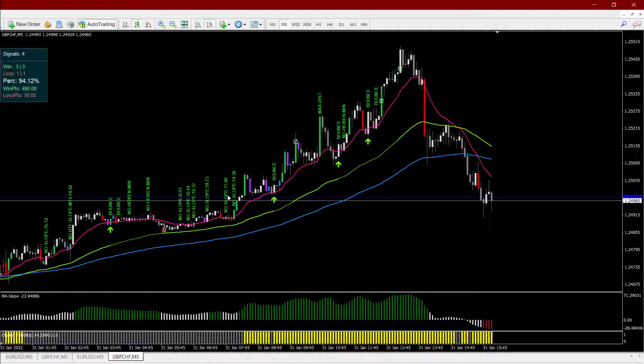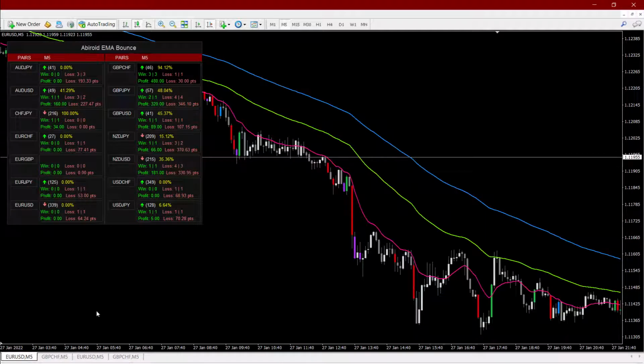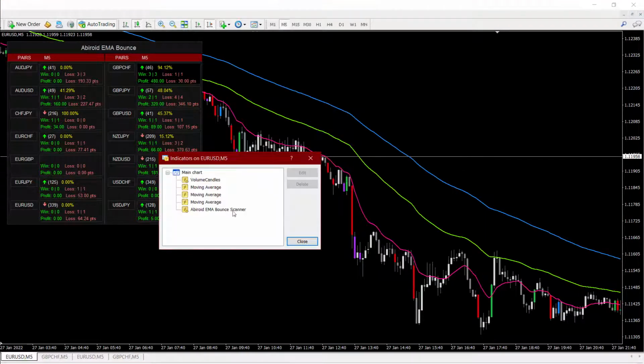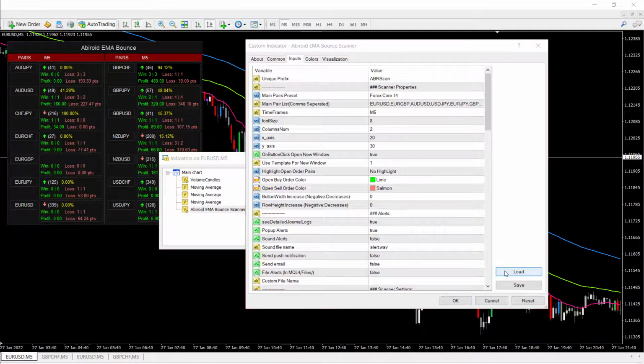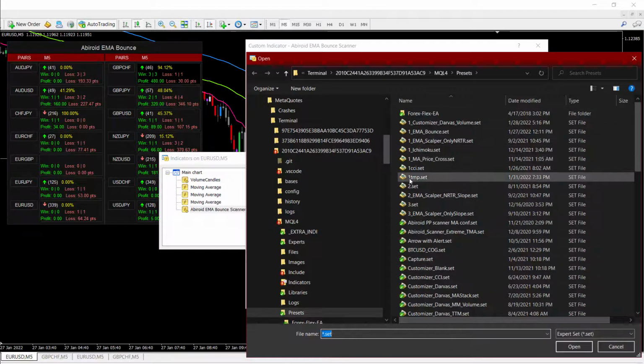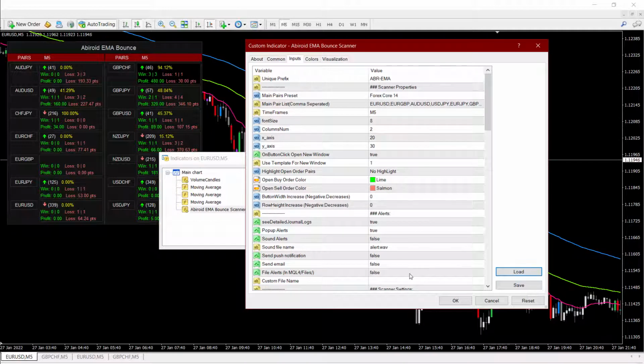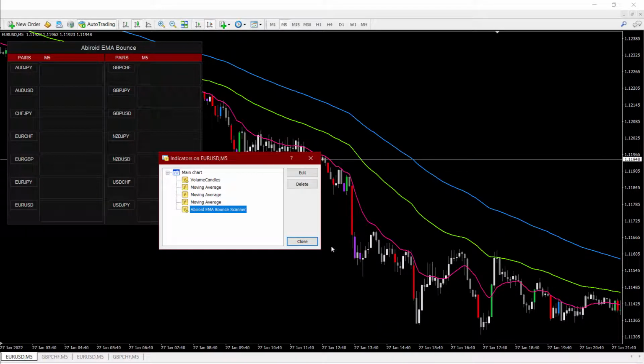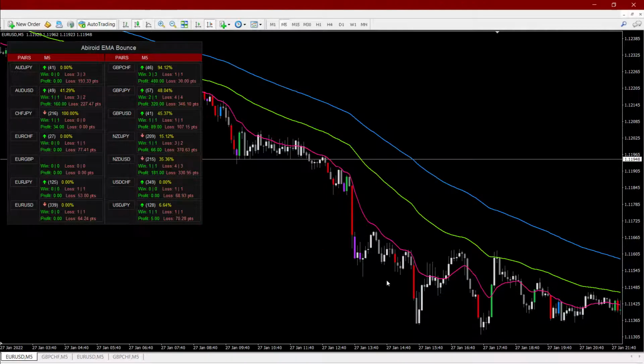And whatever changes I make, I can load that same set file in my scanner. I used 1temp, and all of those settings will come over here, and we'll get the new percent values. So you don't have to keep setting everything one by one. You can always share the set files in between.